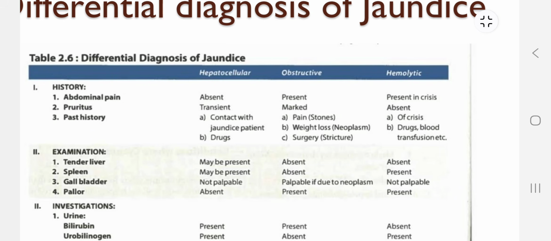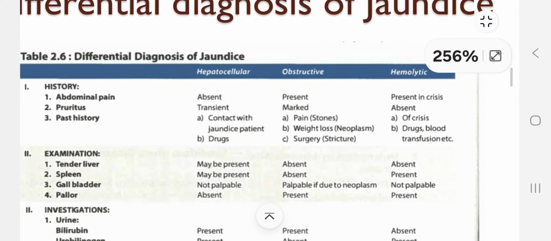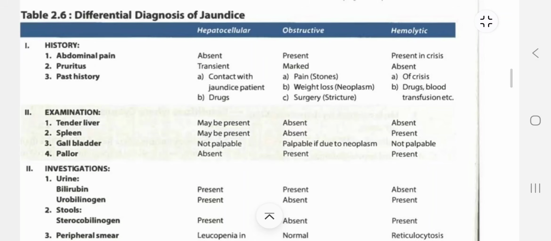Hepatocellular is mixed hyperbilirubinemia. There is a history of pruritus only in obstructive jaundice, and there is a past history in hepatocellular or hepatic jaundice: contact with a jaundice patient, drug history, or viral hepatitis infection, something like that. In obstructive, it may be stones or pain in the right upper quadrant region, etc.